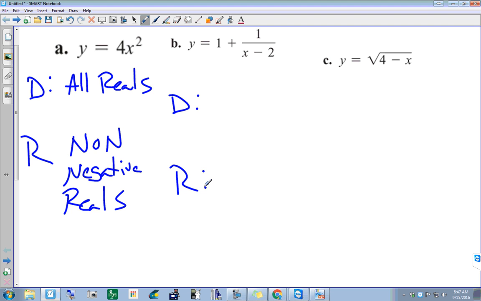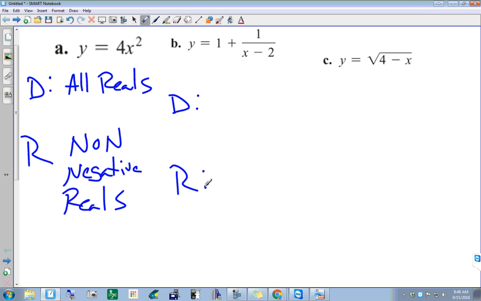Okay. Is there a number that I cannot put in here? And what number would that be? 2. Why? Because 2 minus 2 is 0. And division by 0 is undefined. Ah, we're getting closer.